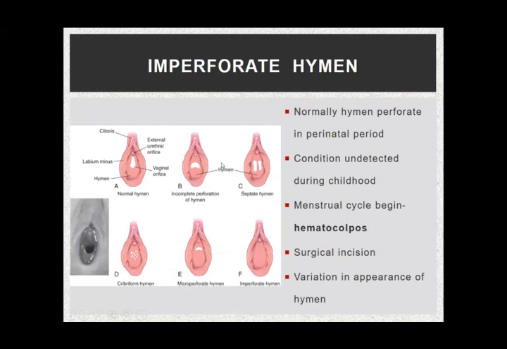When menstrual blood does not flow out because of imperforate hymen, the blood keeps on collecting in the uterus, and a condition called hematocolpos is seen. इसमें simply surgically excise the hymen and let the blood flow out.